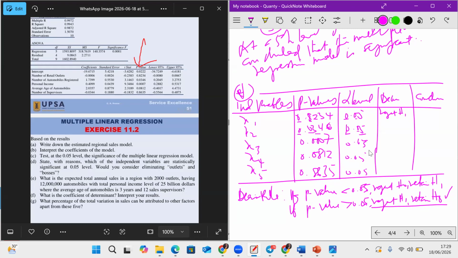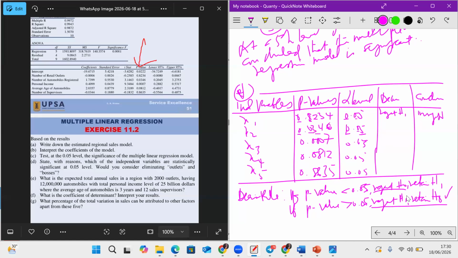Is the p-value less than or more than the alpha level? It's less than. So when it is less, what do we say? Reject H0, retain H1, which means it is significant.